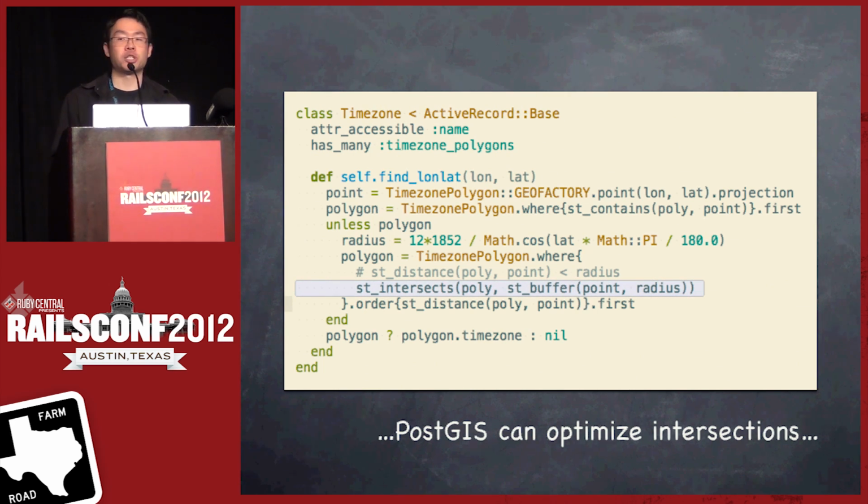So for a point, that's just a circle of that particular radius. Actually, technically, it's a polygon approximation of a circle, but for our purposes, that's close enough. So we create that circle, and then we test for intersection. And the query optimizer is happy, and we get fast results.